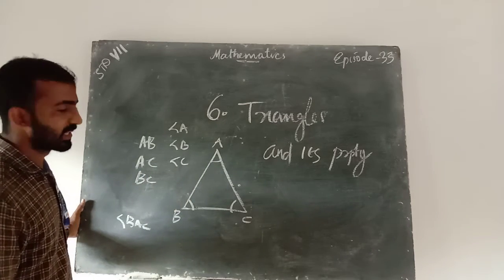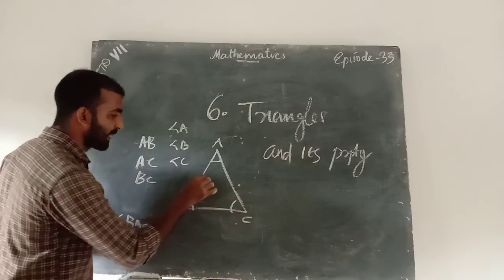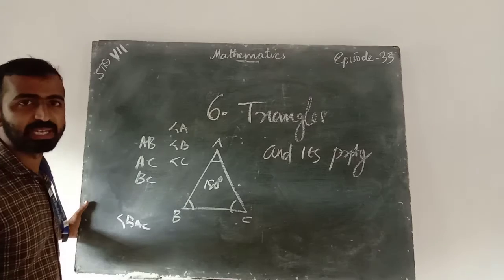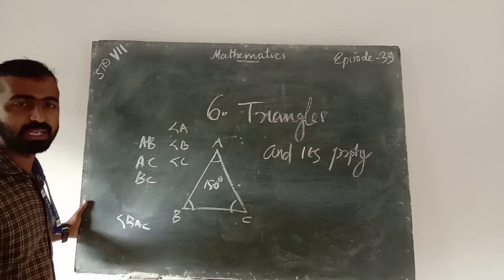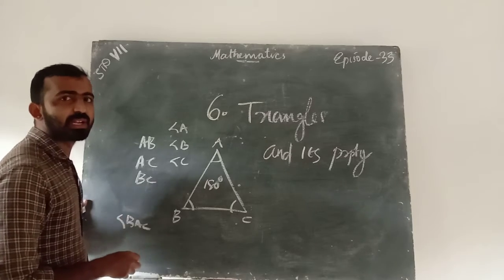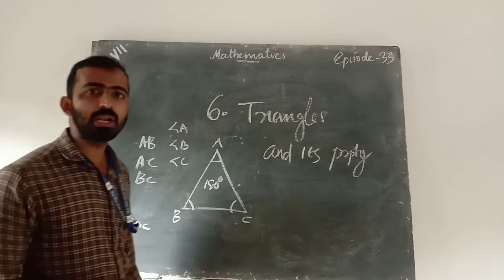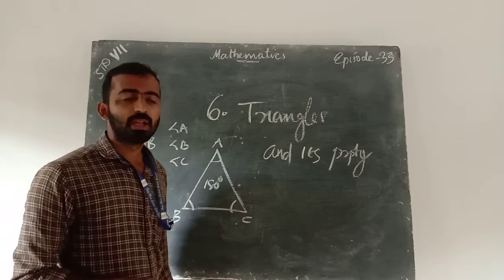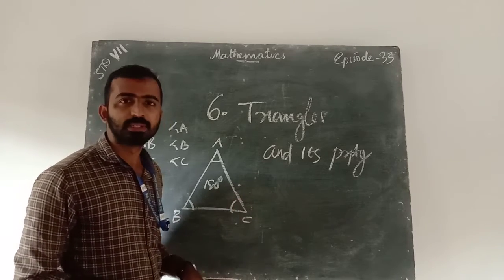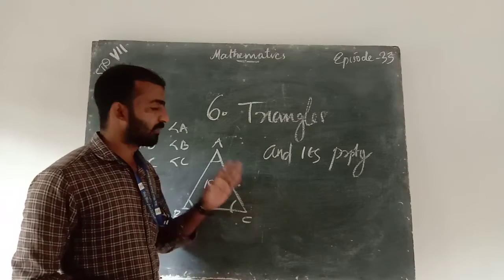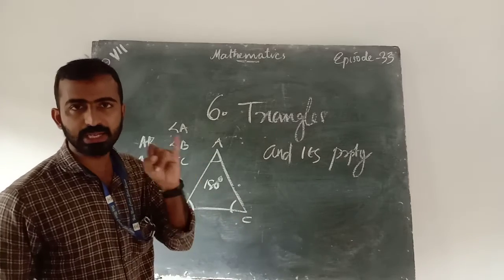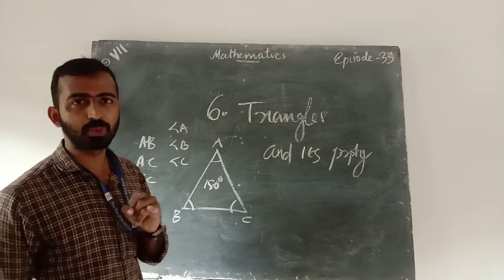And next, the angle sum is 180 degrees. Below 90 degrees, we call the angle acute.